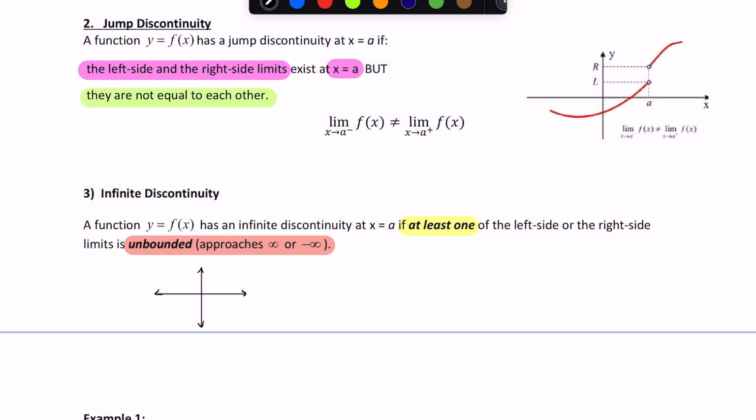Here's a couple of graphs that will show you infinite discontinuity. Again, these are all showing infinite discontinuities at x equals 0.